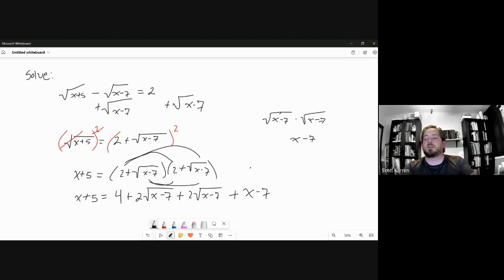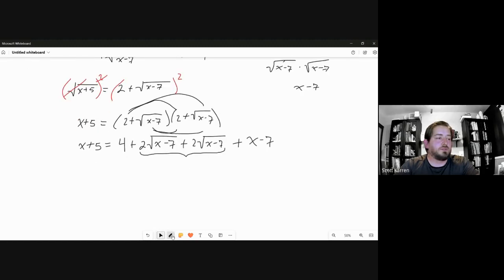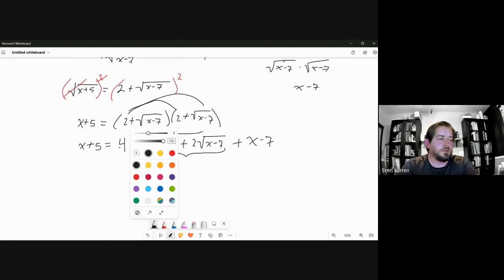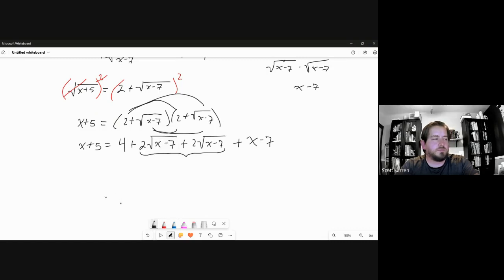And so what I've done now is I only have one square root term, right? Once I combine these two of the same root, now I only have one square root term. So let's clean it up a little bit. We'll say this is x plus 5 still, equals, I've got 4 and I've got minus 7. So that's minus 3. I've got 2 roots of x minus 7 and 2 more, so that's plus 4 roots of x minus 7.